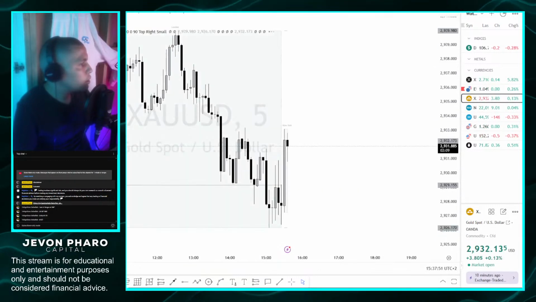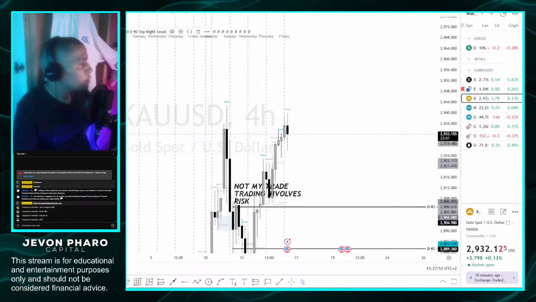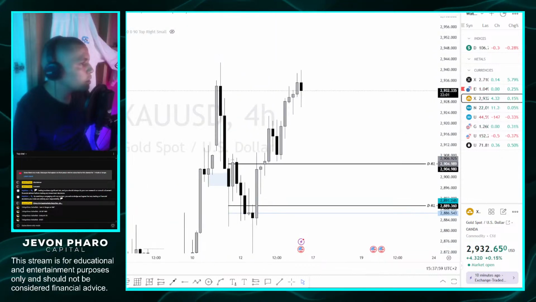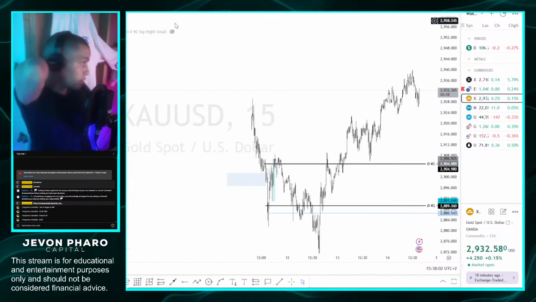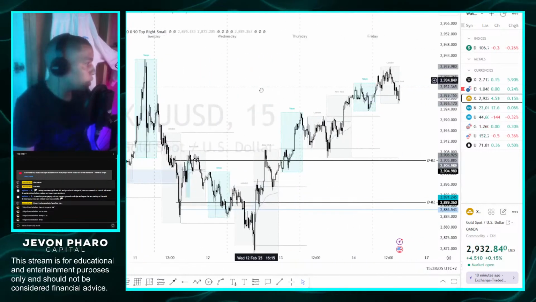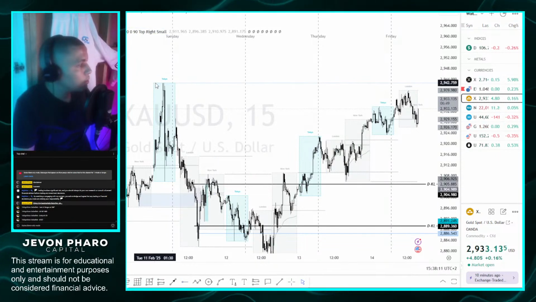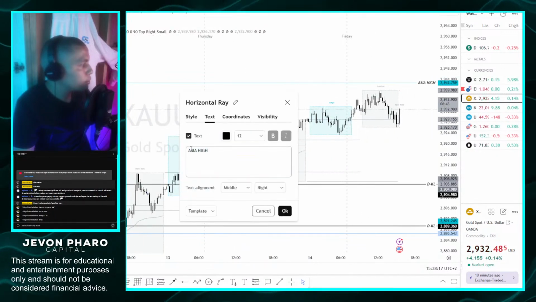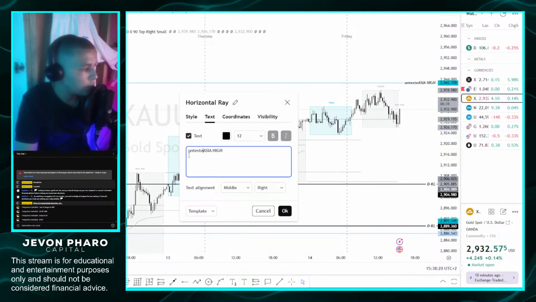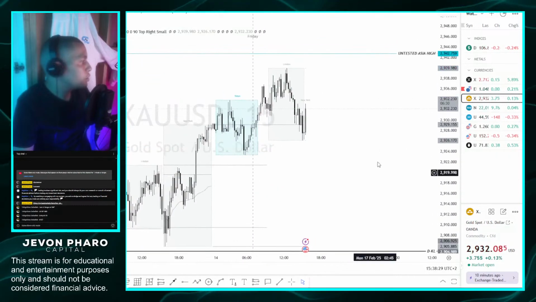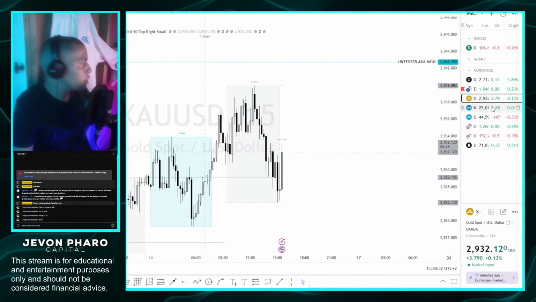See gold real quick. We didn't look at gold actually. Oh, gold at this high also. This is very interesting. But the only thing is this Asian high was untested here on gold. So I can't do anything on gold, especially not this high.